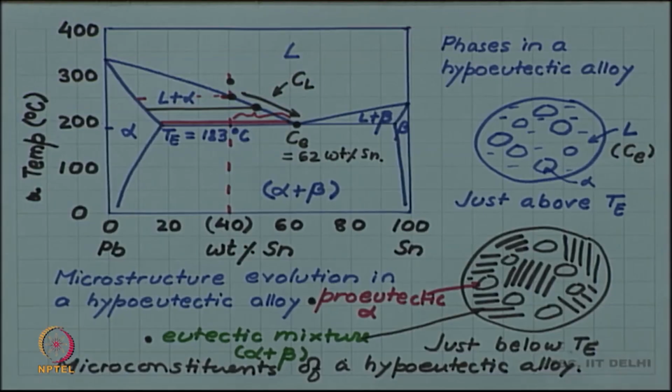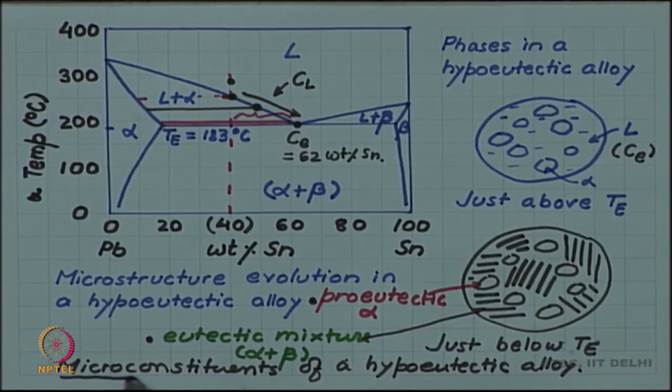Notice that we are using two kinds of terminology. If I say what are the phases in this alloy, I will say the phases are alpha and beta, but if I say what are the microconstituents of this alloy, the microconstituents are pro-eutectic alpha and eutectic mixture, because in an optical microscope, you can see pro-eutectic alpha and eutectic mixture distinctly.